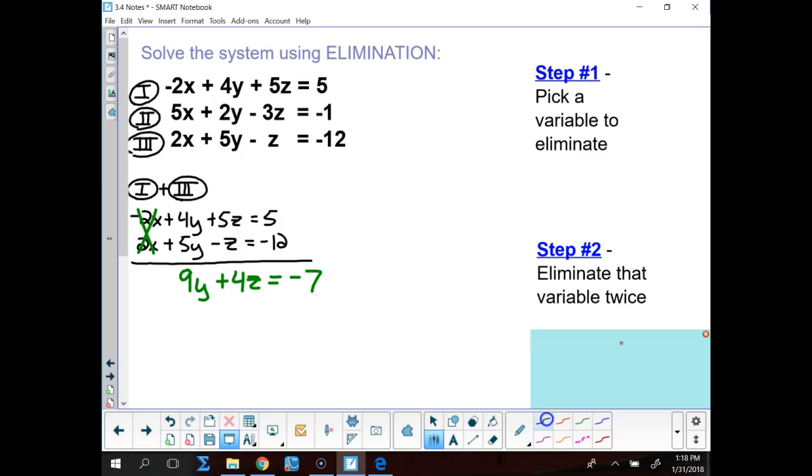But I can't just straight up add them, right? I got to first manipulate them a little bit. So I'm going to go 5 times equation number 1, and I'm going to add that to 2 times equation number 2. Coloring OCD is a real thing.